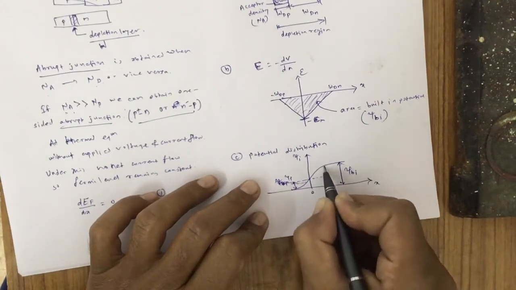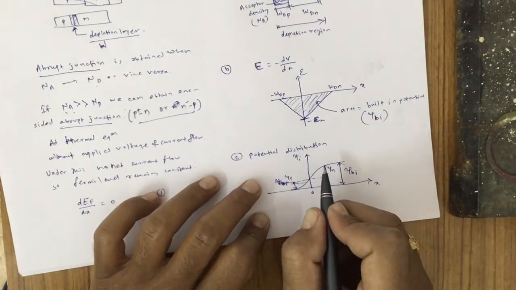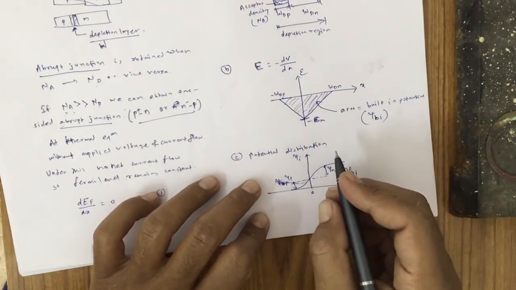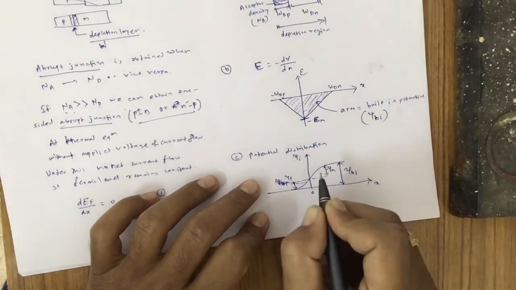Above this potential is psi n. I can call it minus psi n, because it is negative.